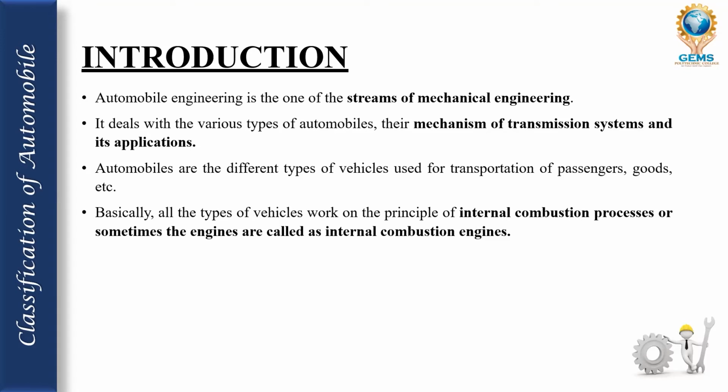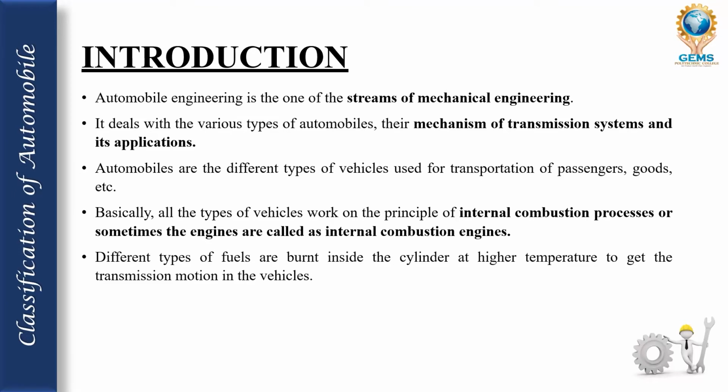In automobile, there is an internal combustion process. That's why in most vehicles, if you see, there is an internal combustion engine. About this we already discussed in the previous lecture. This internal combustion process and engine are fitted only in automobiles. Different types of fuel are burnt inside the cylinder at high temperature to get the motion in the vehicle.